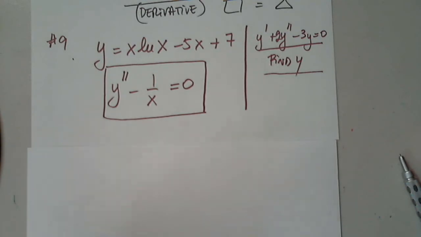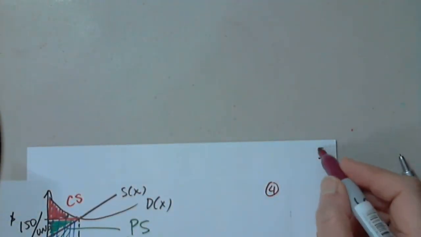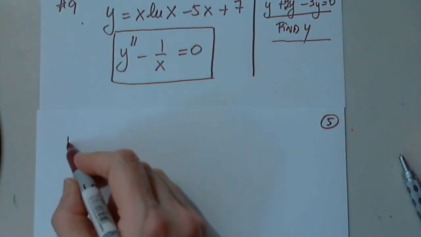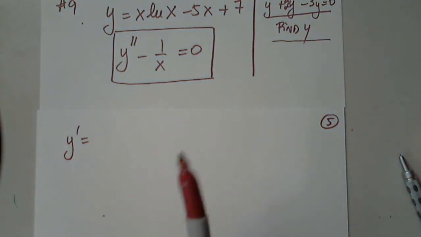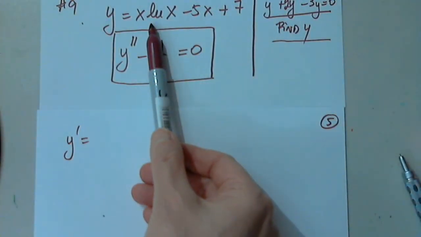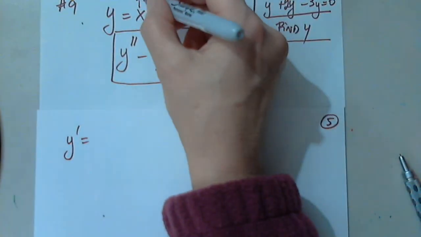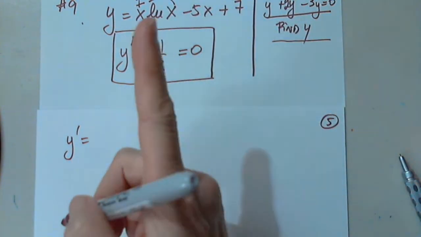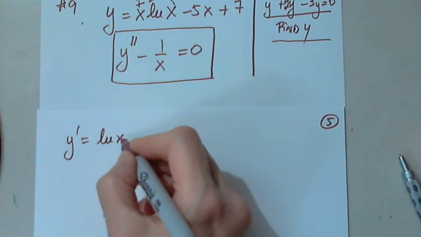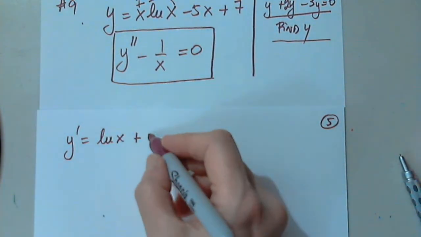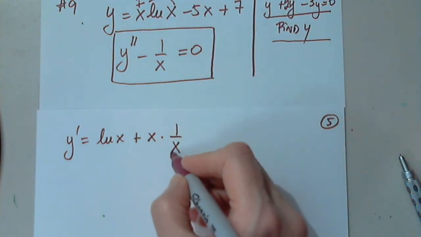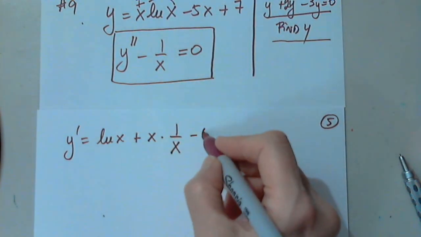And now I realize that I lost track of my numbers here. Sorry about that. One second. So first I have to find y prime. I have to be very careful because this is the product rule. First function, second function. First function prime is 1 times natural log x plus the first function times the second function prime, which we know is 1 over x, minus 5.